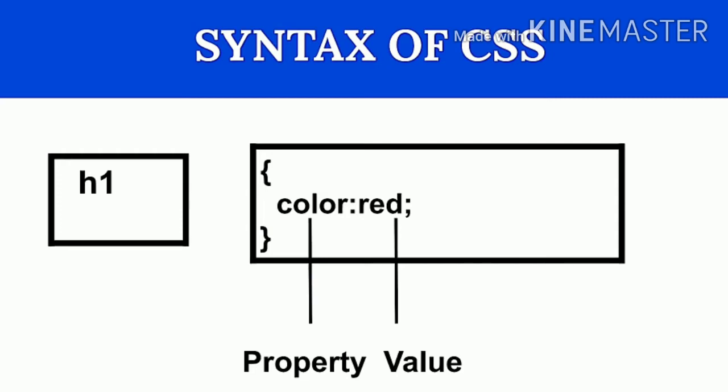Color is a property, and the color I want to give that text is the value of that property. For example, if you write the h1 tag in the body tag and you want to change the color of that text, then you can use the syntax of the h1 tag like this.